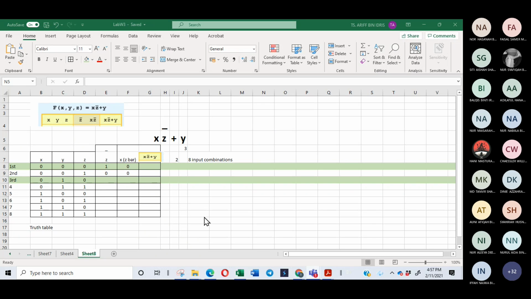Class, has everybody finished filling up the z bar and x z bar? Anybody volunteer to share your answer? The question is still simple, the following questions are much more difficult, so better you volunteer now.